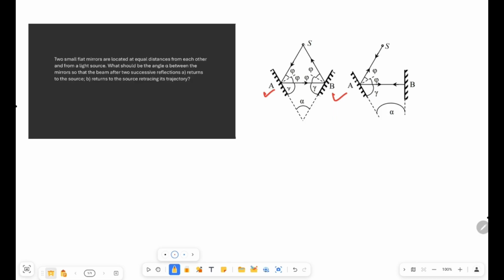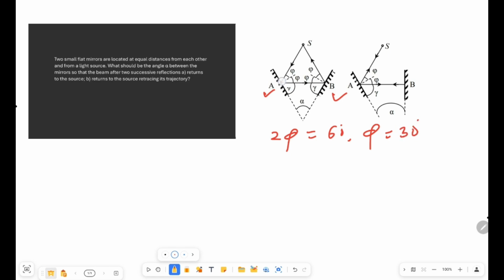That means it is going to make an equilateral triangle, and you can see here if it makes an equilateral triangle to return to the point S, this 2 phi angle indicated in the figure must be equal to 60 degrees. That means phi will be equal to 30 degrees.